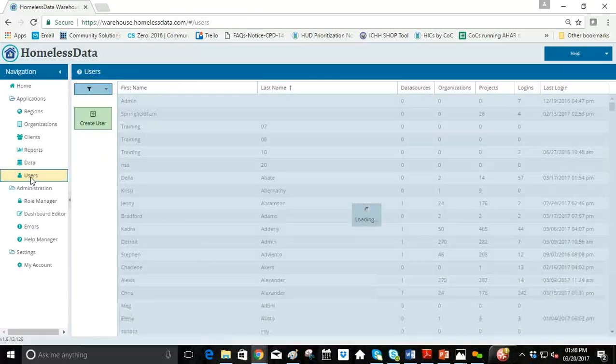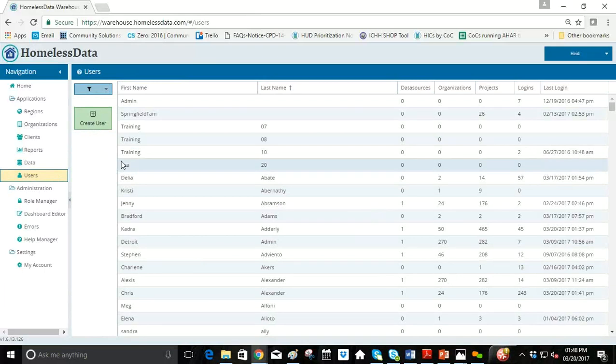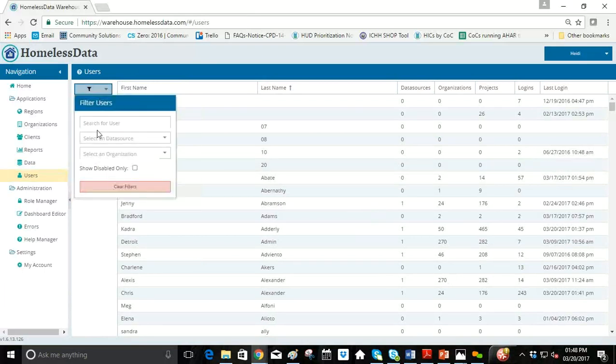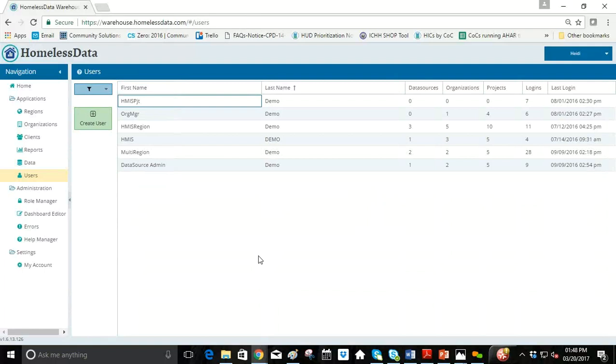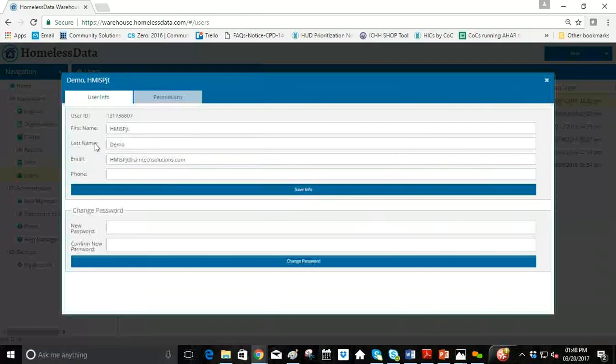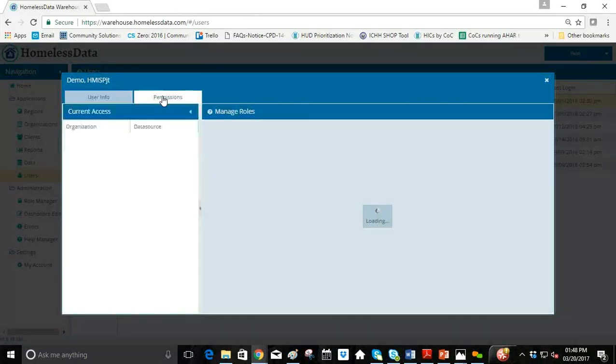So as we talk about users in the system, users can have access, permission at either an organizational level or at a data source level or even a project level.